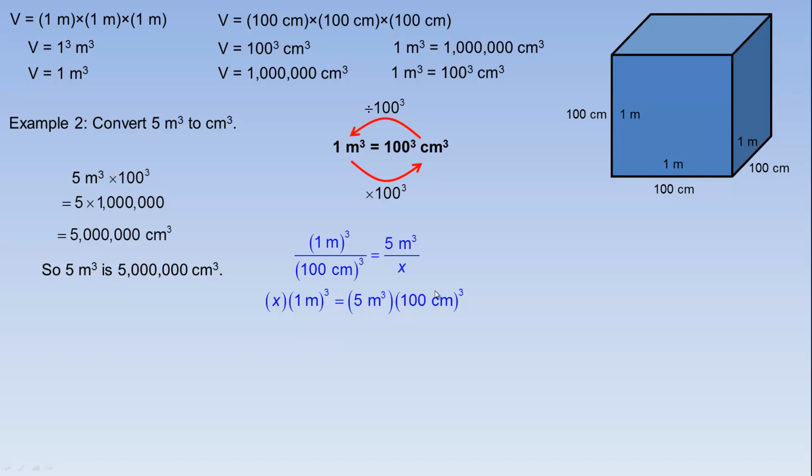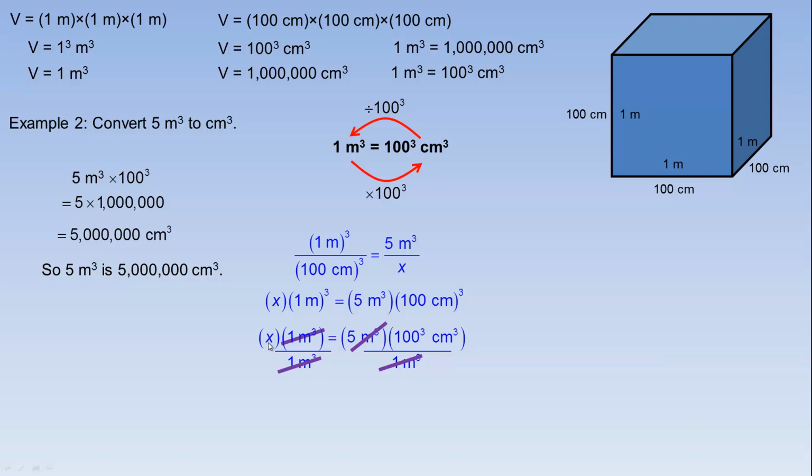Let's first bring all these exponents in and evaluate. 1 cubed is 1. I didn't bother to write the 3 here; 1 to the power 3 is still 1. Meters cubed: there's no evaluating needed. 100 cubed, the cube comes in, and the same with the centimeters: centimeters is cubed. Now I want to solve for x, so I'm going to divide out the 1 meter cubed, so I get x isolated alone here. This will divide out here, and over here this 1 meter cubed will divide out with the meter cubed.